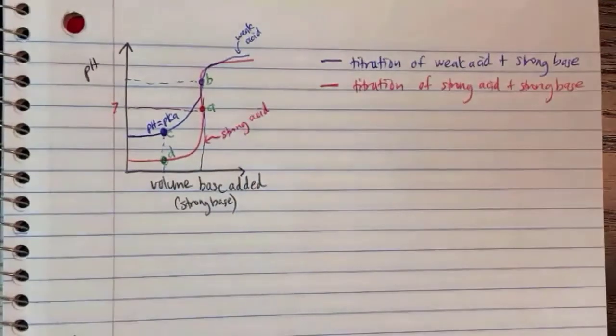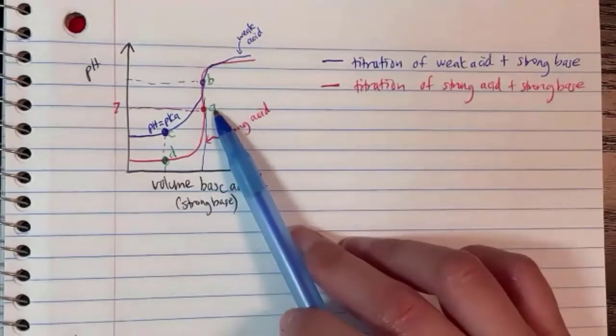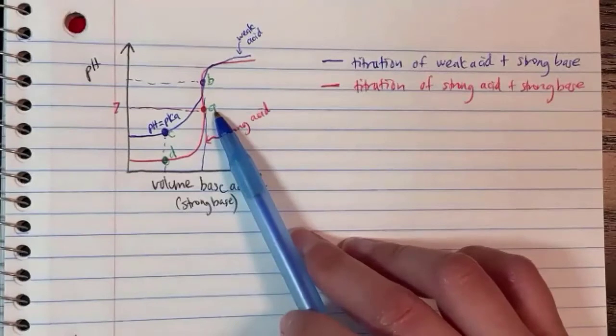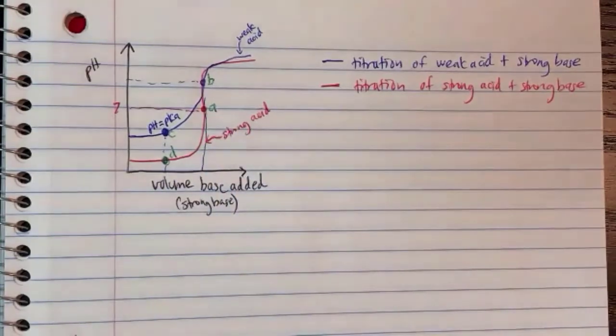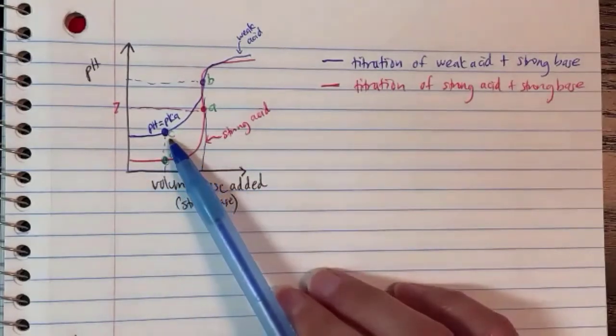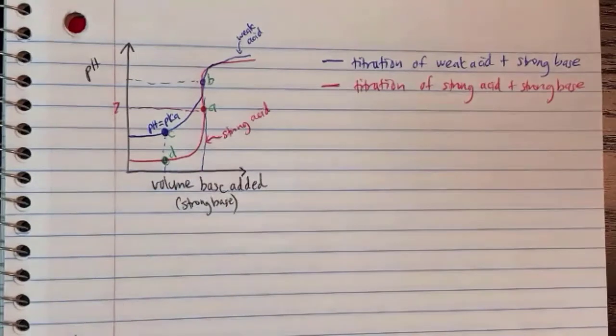And then they ask you, what is the equivalence point of a strong acid and a strong base? That would be A. A is the equivalence point of strong acid and strong base. And then they say, what is the pKa of the weak acid? Where can you find the pKa of the weak acid? Then you will put C. D is just a distraction there.